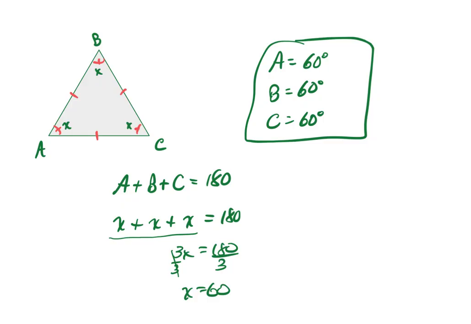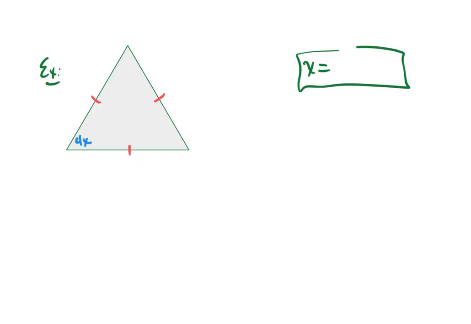Okay? So if we were to ever give you a numerical problem like the following, and I showed you that all three sides are equal, and then I told you one of the angles was maybe 4x big, could you then tell me the value for x? Right? Initially, you might think there's not enough information there, but there is.